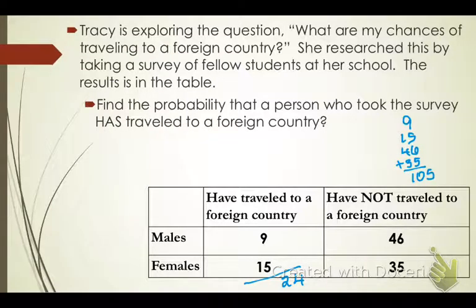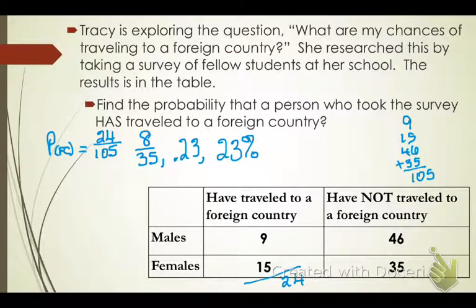Then we need a total of all the people surveyed, and if we add up all those numbers, it is 105 people. So the probability of a person traveling to a foreign country is 24 out of 105. If we reduce that, it is 8/35, which is 0.23, a 23% probability that a person who took the survey traveled to a foreign country.